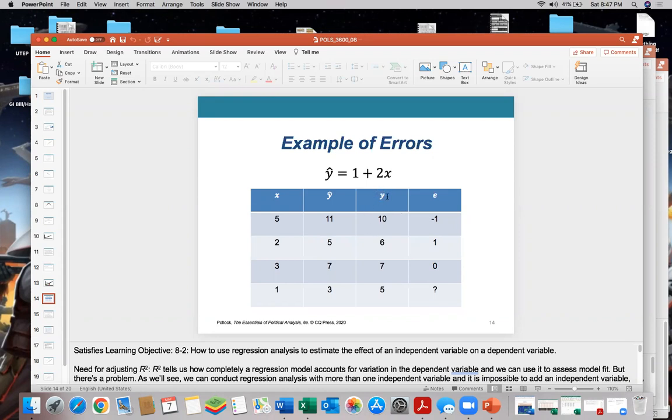So 10 is what you actually had, and then you subtract what the predicted was to give you -1. Same thing here: 2 times 2 is 4 plus 5 is 9... it was actually 6. Then 1, 2, 3 was the predicted, and you actually had 5, so 5 minus 3 is 2. Any questions on how to get those errors, the residuals?